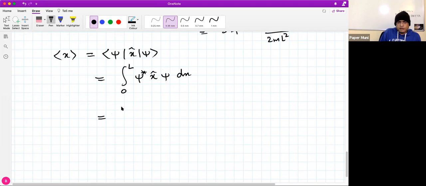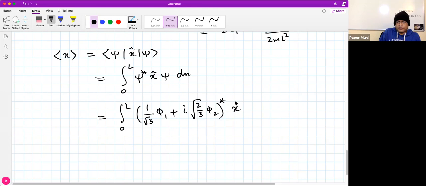You apply what is given: 1 by root 3 phi 1 plus iota root 2 by 3 phi 2, and its star, with the x operator, or you can just write x, times 1 by root 3 phi 1 plus iota root 2 by 3 phi 2 dx.